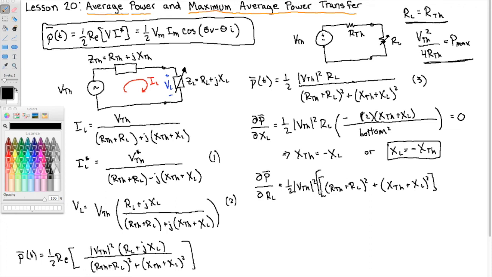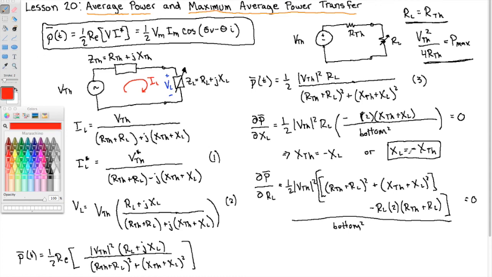Then, that's bottom times the derivative of the top, minus the top times the derivative of the bottom. The 2 comes down in front, and I've got R Thevenin plus RL. And again, all over the bottom squared. I'm going to set that equal to 0. I can divide by the constants if I like, but I need this thing in the big brackets to be 0.